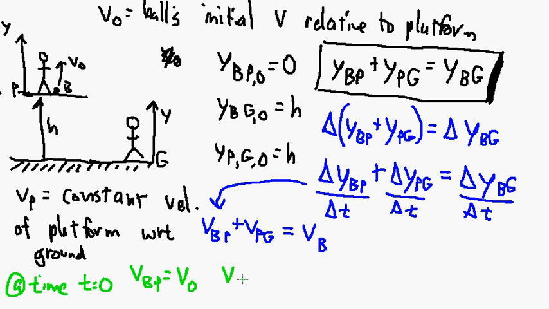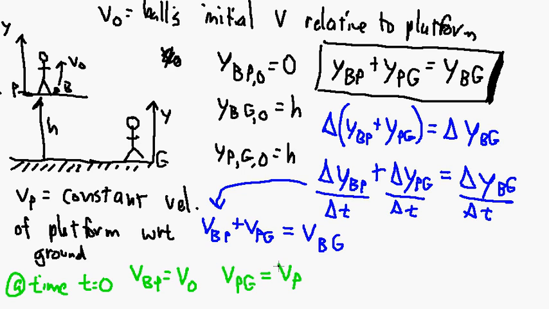And the velocity of the platform with respect to the ground equals, well, at all times it equals v sub p, right? I'm sorry, I didn't put the g in there. I don't know why. I might have hit the undo button a little early.